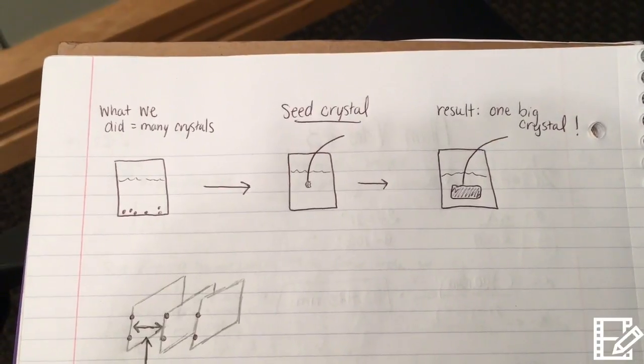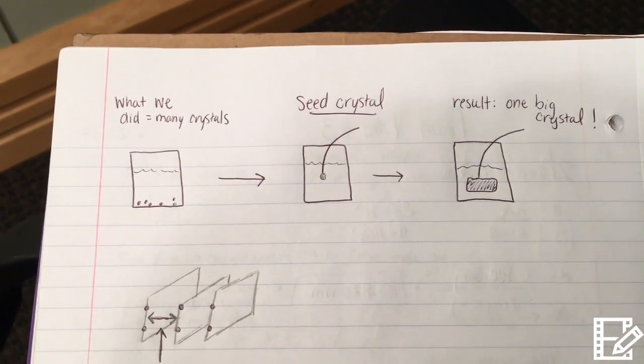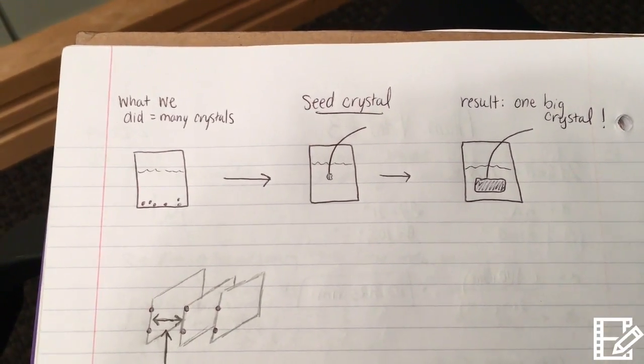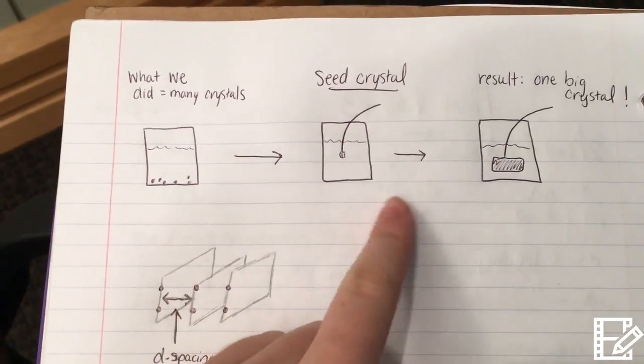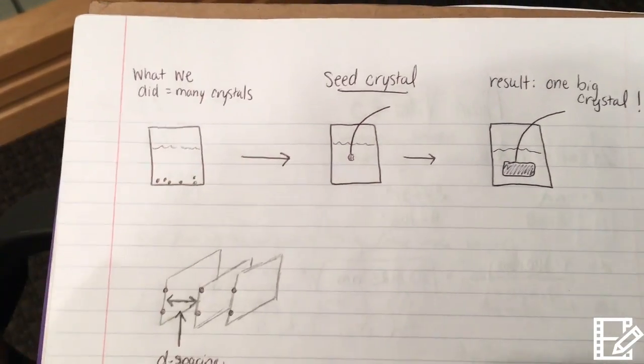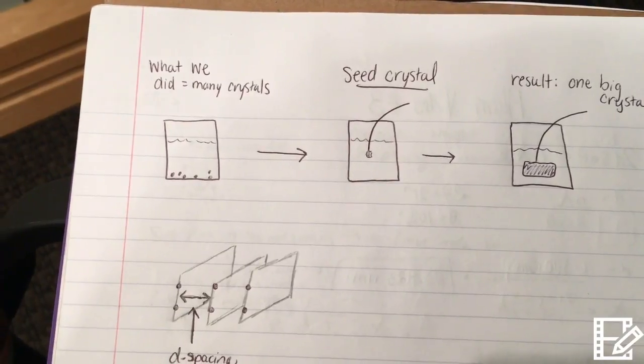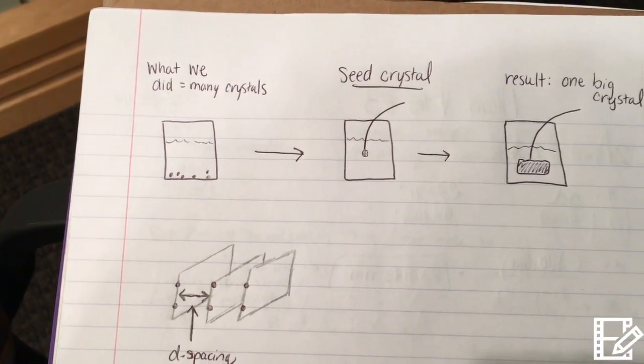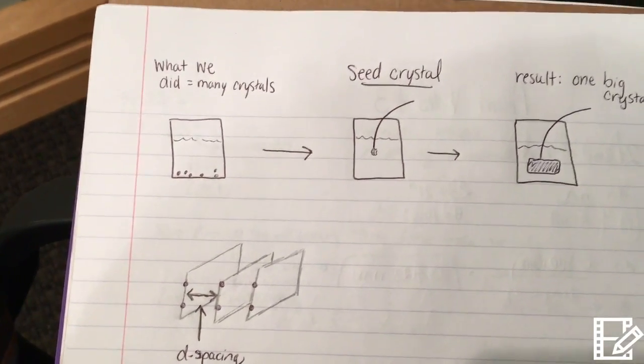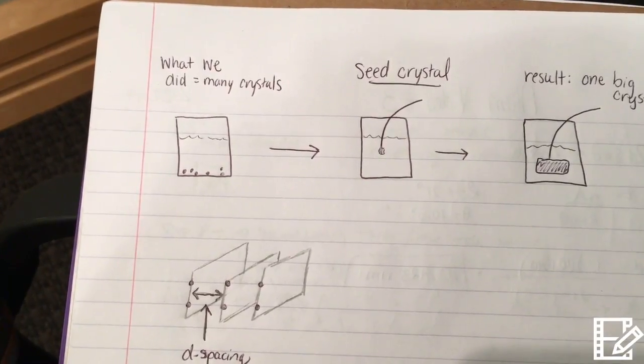If I wanted to grow one giant, high-quality, single crystal of alum, I would have to use something called a seed crystal. Basically, this is the act of putting an already formed solid alum crystal into the saturated solution in order to designate a site of nucleation.